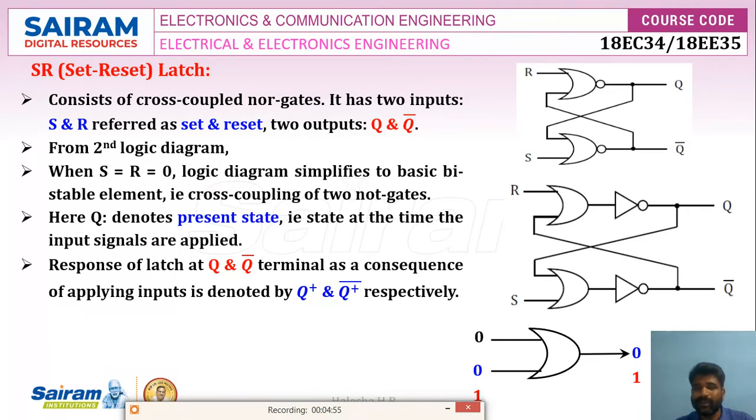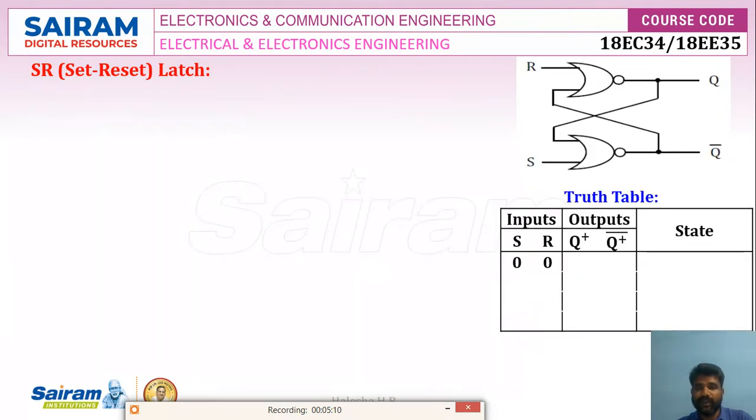That means when you apply the inputs, changes will happen, and that is denoted by Q plus. So Q is the present state, and Q plus is called the next state of the latch. Now let's verify the operation and complete the truth table.